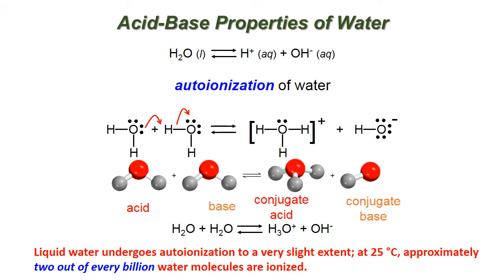Just a reminder, acid-base properties of water. Water dissociates itself into H+ and OH-, which we name autoionization of water. In this scheme, one water molecule serves as acid, another, similar water molecule, serves as base, making H3O+ hydronium and OH- hydroxide, which is the conjugate base to the water molecule.